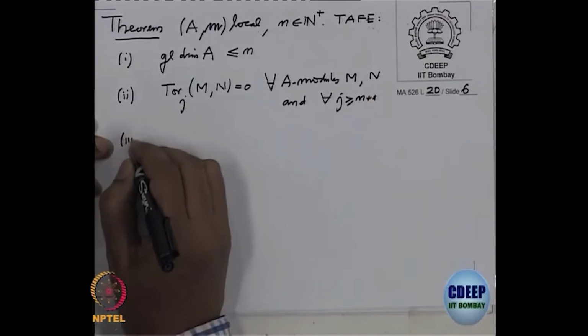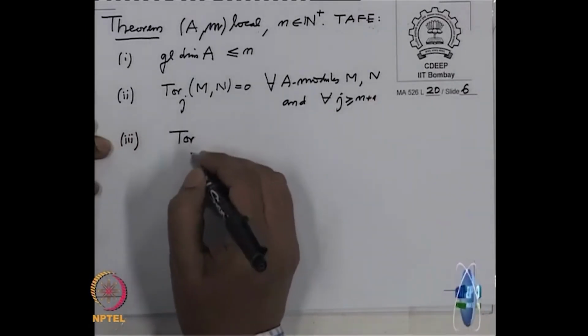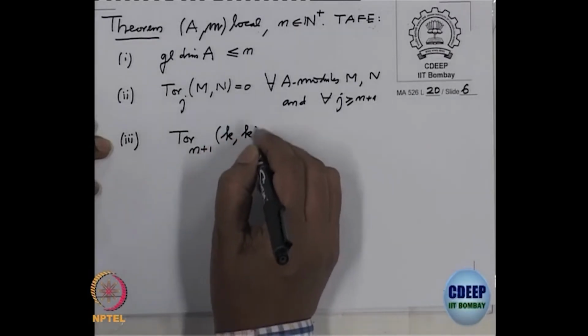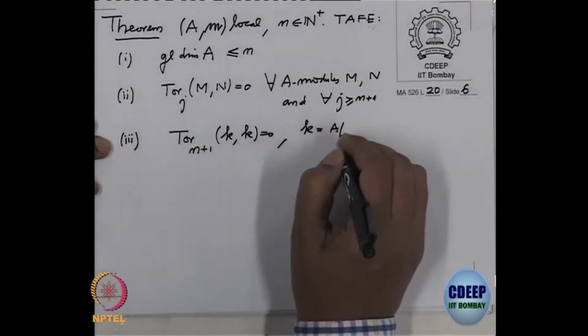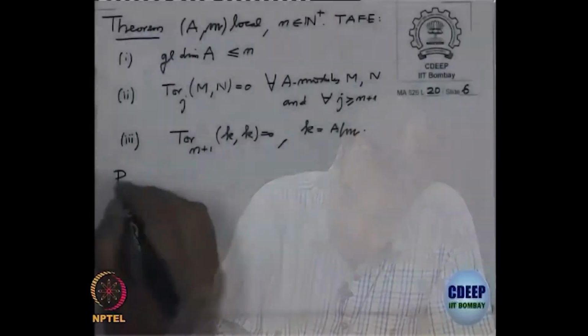And three, Tor_{n+1}(k, k) is 0, where k is the residue field. So you see, you only have to check one Tor, Tor_{n+1}, that is the advantage. All right. So, proof.